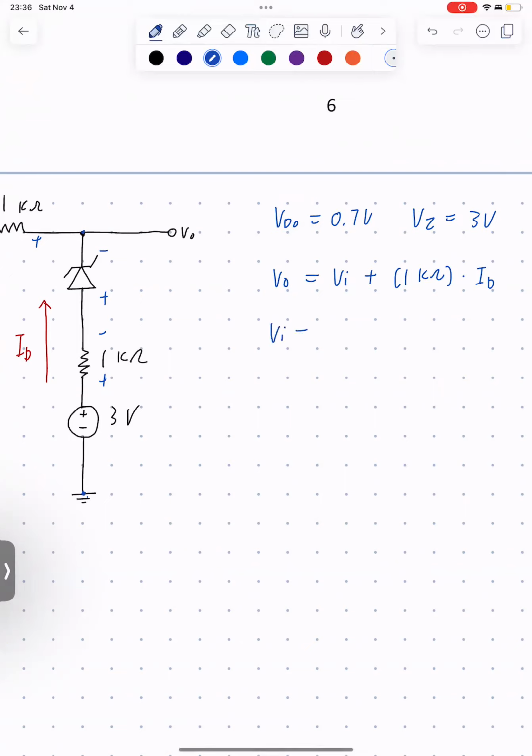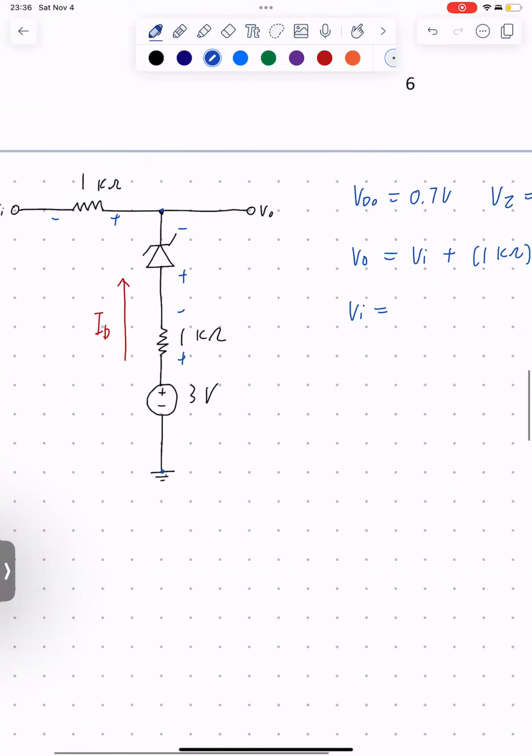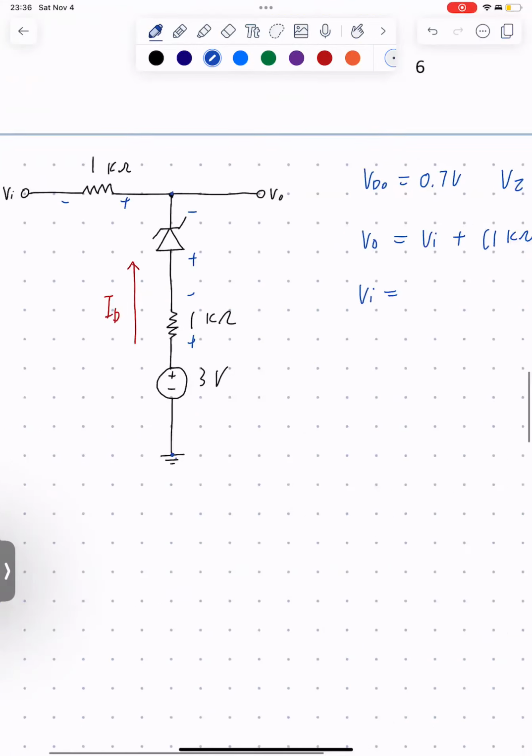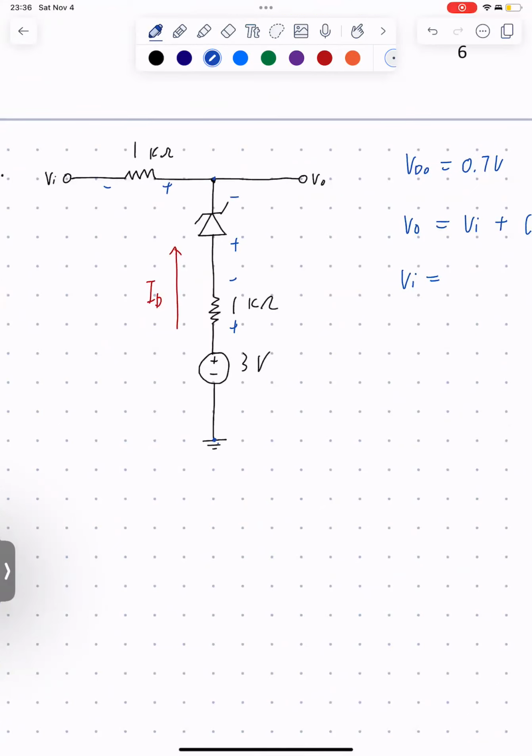Let's do the same thing for VI, and find an equation where we can express VI with the voltage of the diode. We know this is ground, and this is VI over here. If we do a KVL over here, VI is going to equal all of these elements either added or subtracted.